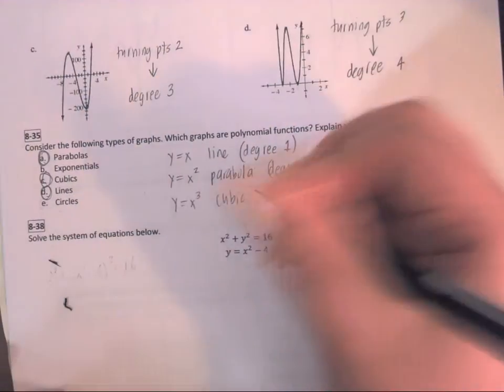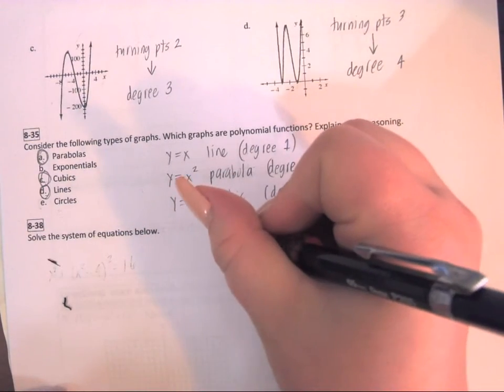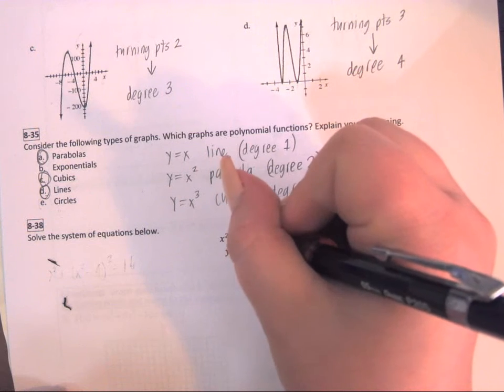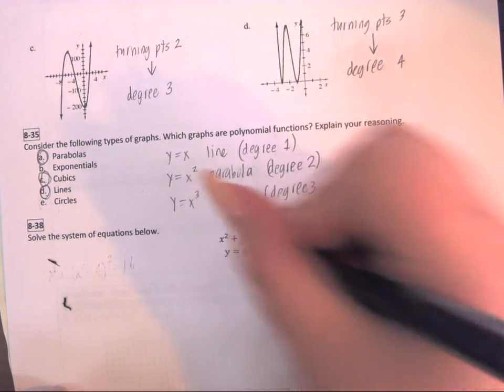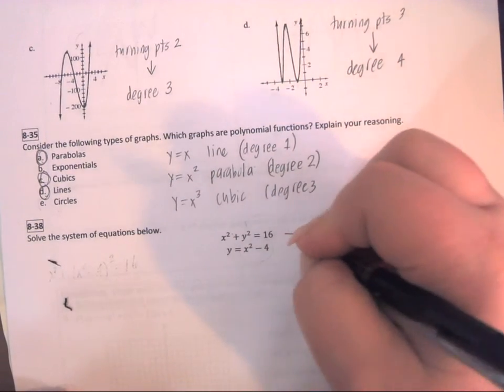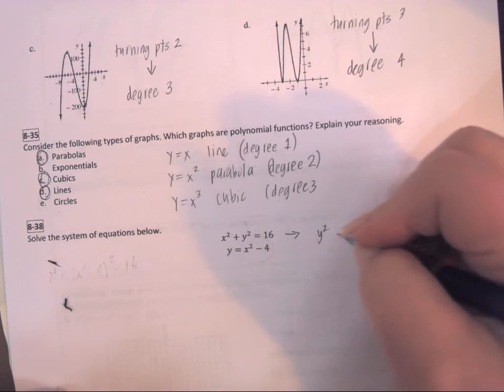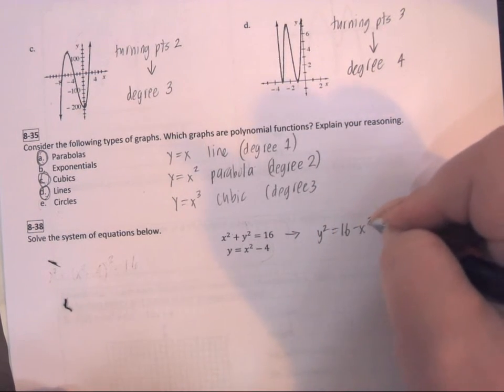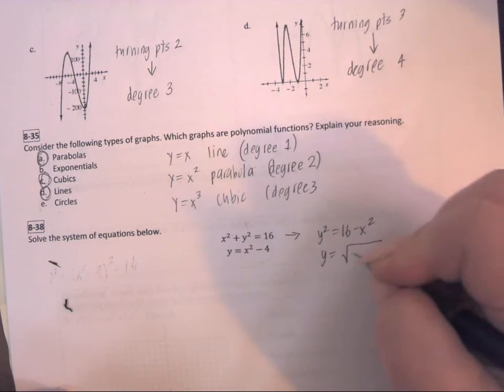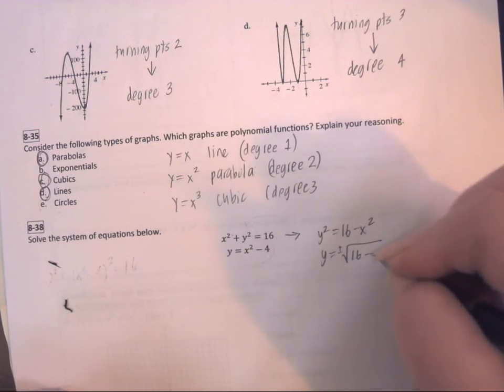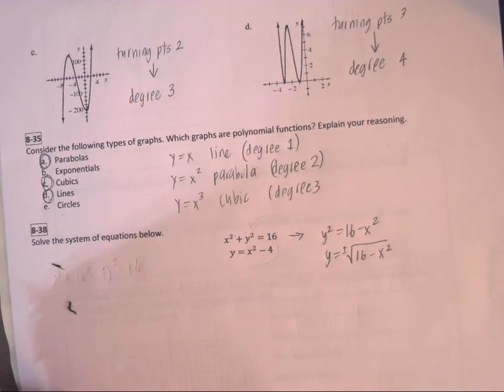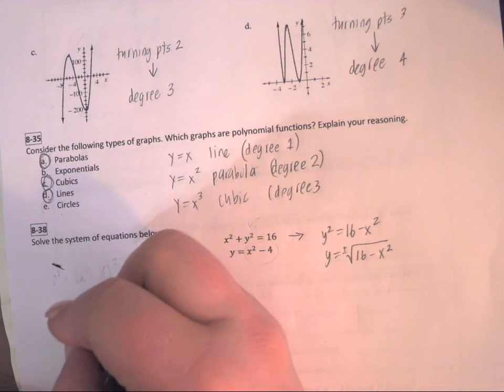So solve this one for x. So then you get y squared equals 16 minus x squared, and then square root it. And then plug that in.